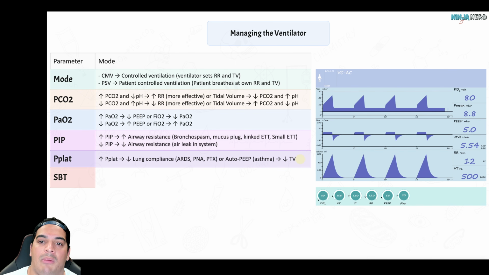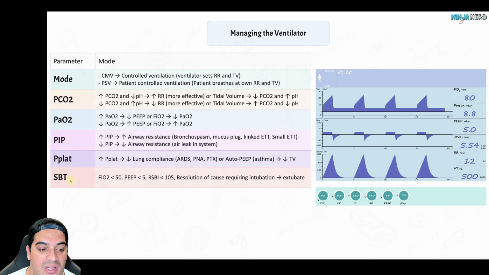The last thing I want to talk about is whenever you have a patient who was intubated for a particular issue and you improve that underlying issue, you don't want them to be on a ventilator forever, so you want to get them liberated from it. And so what we do is what's called SBTs, or spontaneous breathing trials. And we look at a couple different things. Did they resolve the reason why they were intubated? And if they did, good, that's one thing. Second thing, is their FiO2 requirement very, very minimal?